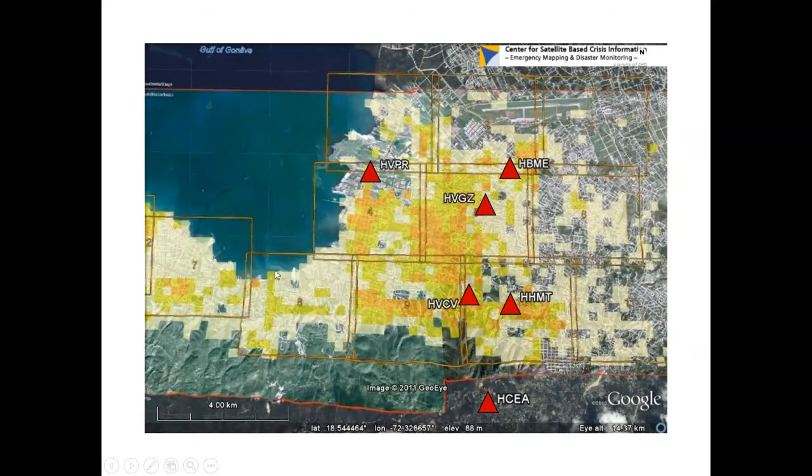So this is Port-au-Prince in Haiti, and it is a sedimentary environment, for the most part, a former marine environment, and you have hard rock to the south. There's a mountainous area to the south of Port-au-Prince, and then you can see the port area, central Port-au-Prince.